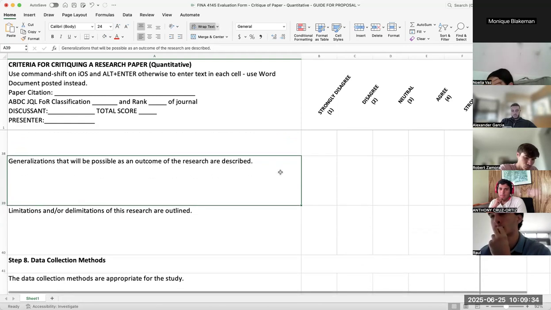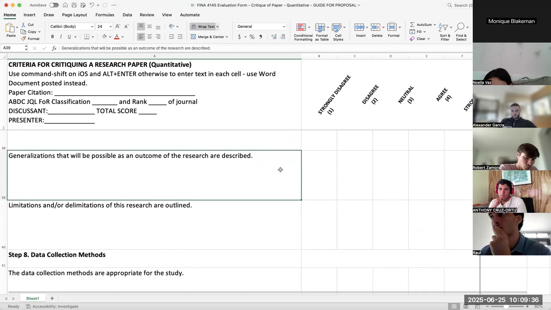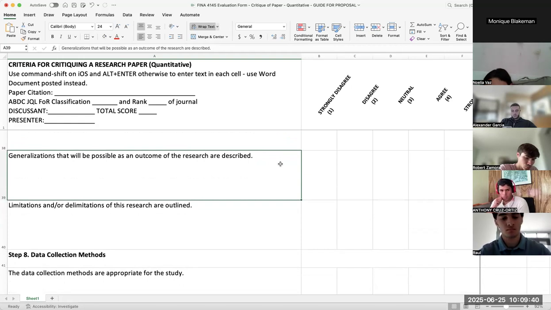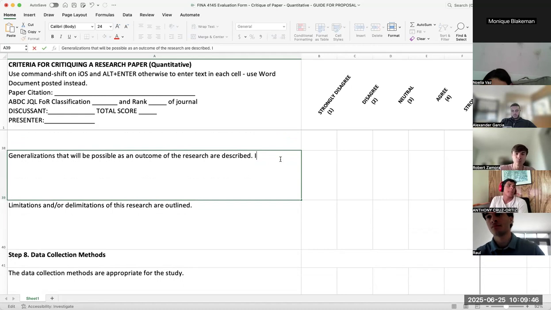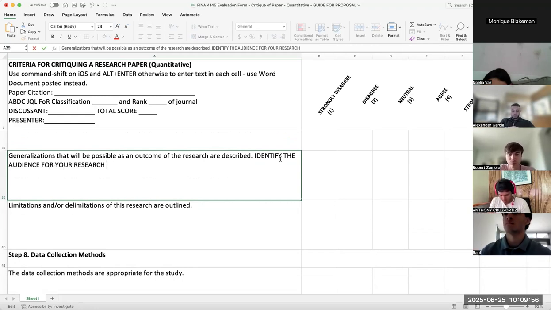Generalizations that will be possible as an outcome. Okay, this is really important. Who is the audience for your research? Who cares? This is the so what? Like, who cares about your research?